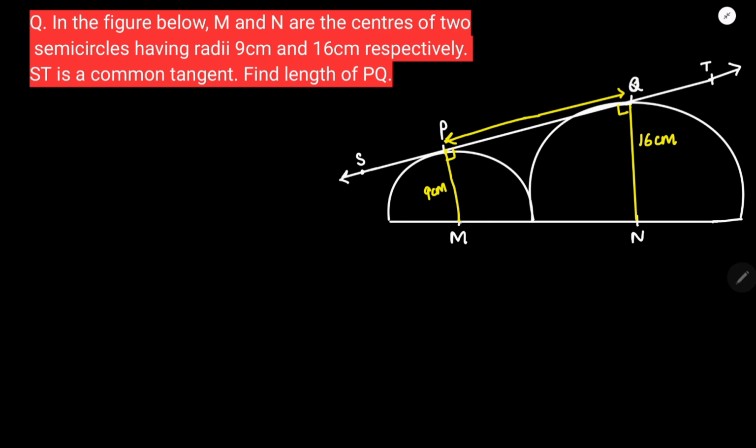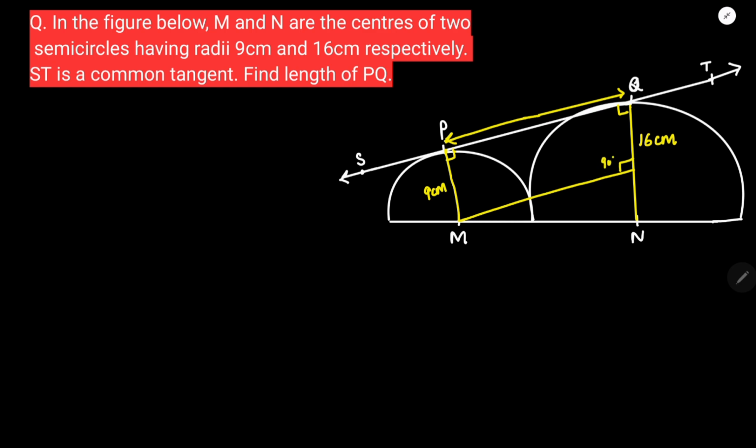From M to this radius QN, if I draw a perpendicular, this is our construction. We will draw a perpendicular. So this is a 90-degree angle, right?